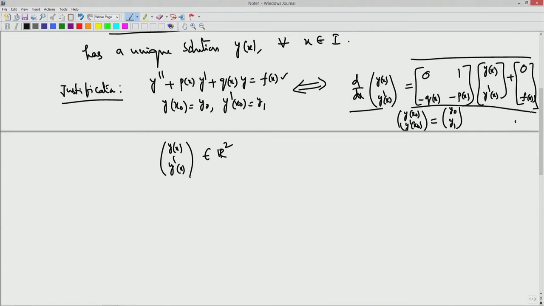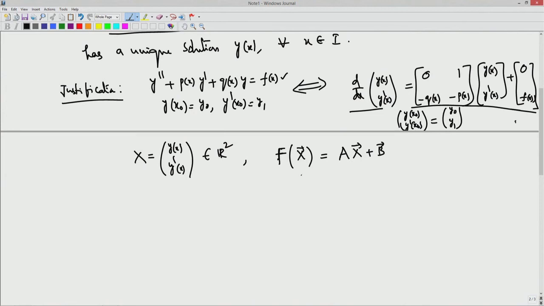It is some function of this vector, if you call it x, so f(x) is A x plus b, where x is a vector, b is a vector, and A is a matrix.